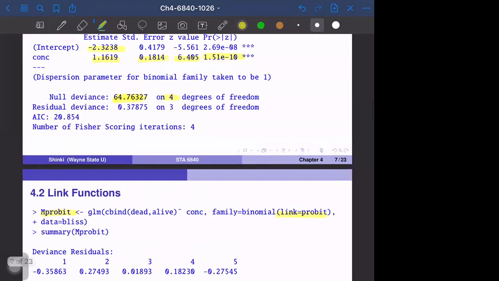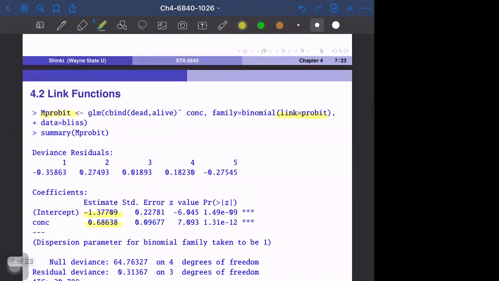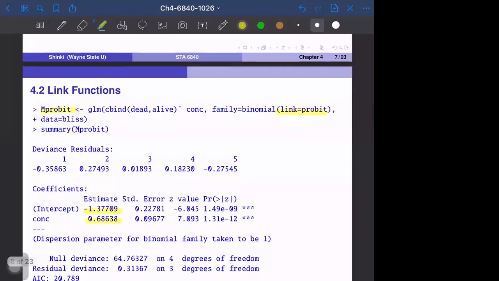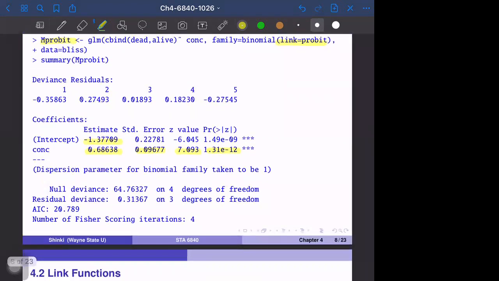But since the link function is different, the meaning is slightly different. For the logit model we can interpret it as the odds ratio, but here we use a different CDF, so we cannot do that. But the standard error gets even smaller. So it's even more significant, the z-value and the smaller p-value. And the null deviances are almost the same.